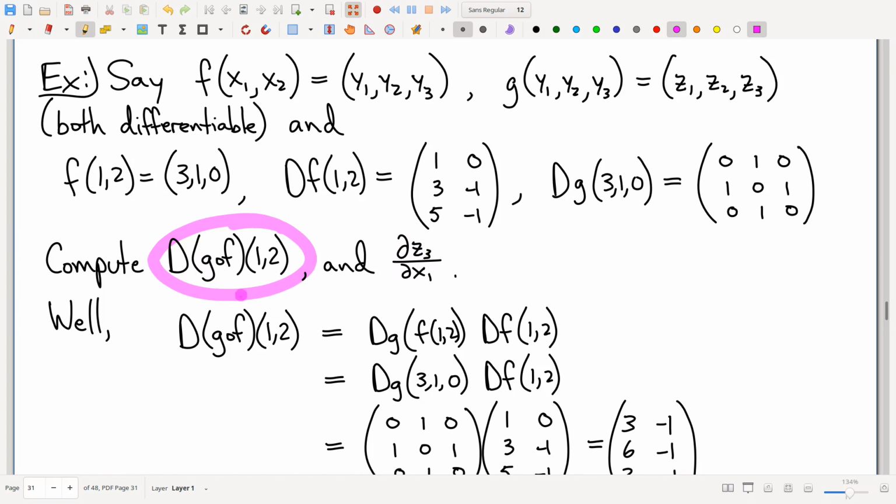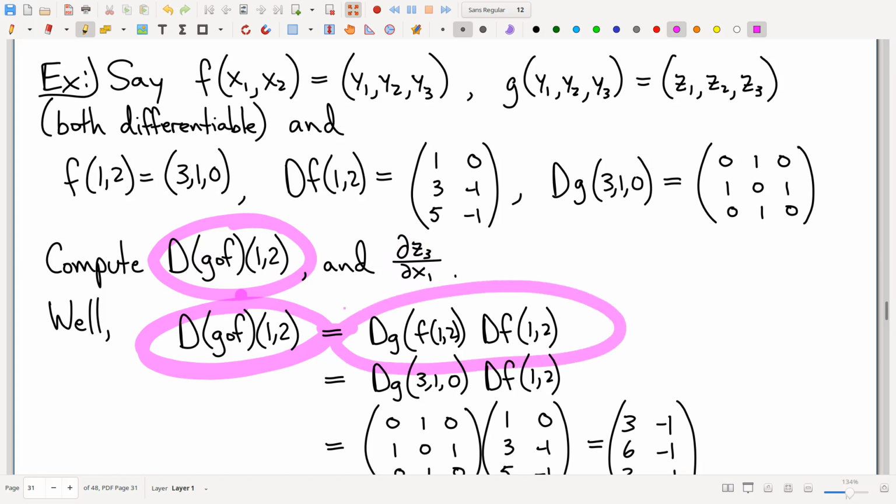Okay, so for that derivative, we just write down the chain rule. The derivative of the composition is what we've been asked, and we write it down as the product of the corresponding individual derivatives. Chain rule doing the heavy lifting for us. Now we've got to figure out how we're going to find these various matrices.